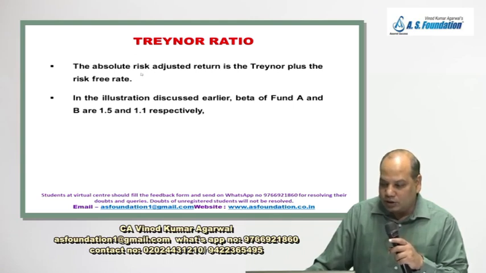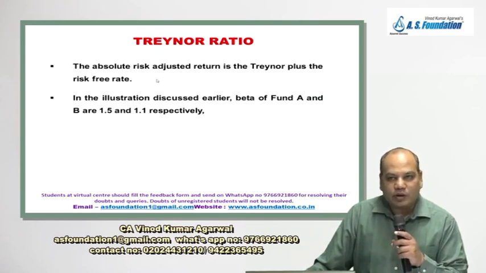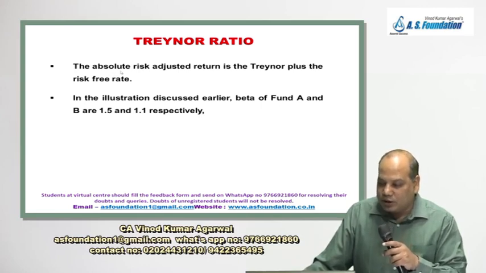So in Treynor ratio, if you want to compare two mutual funds, don't compare on the basis of their return. Compare return in excess of risk-free return per unit of beta. That they call absolute risk-adjusted return is the Treynor plus the risk-free rate.